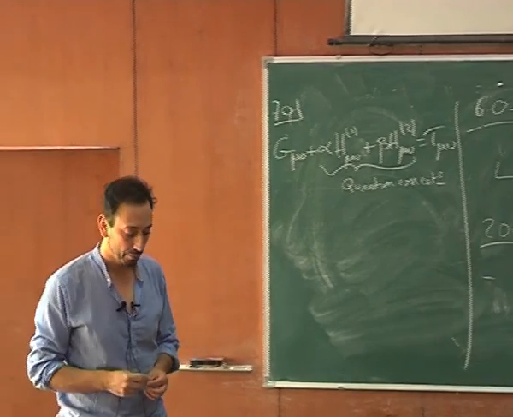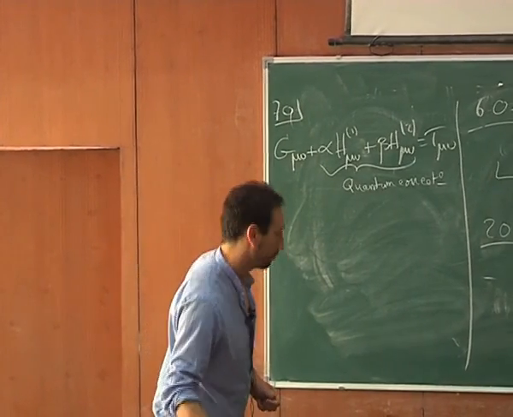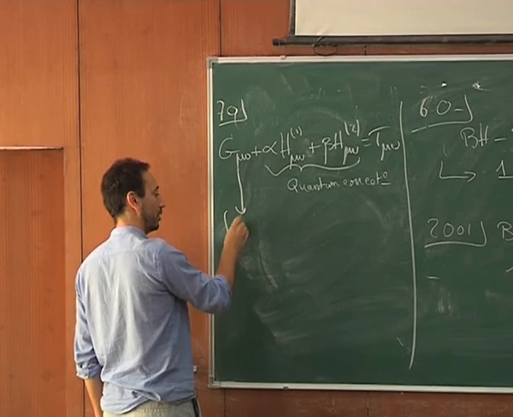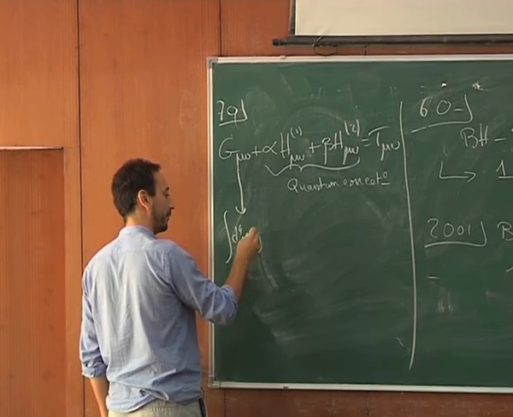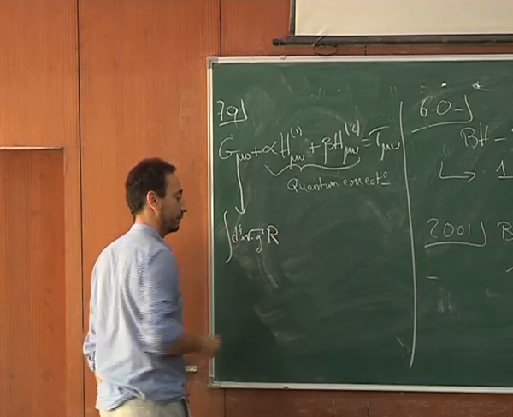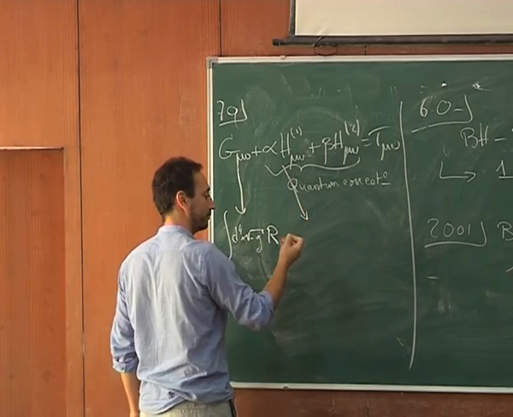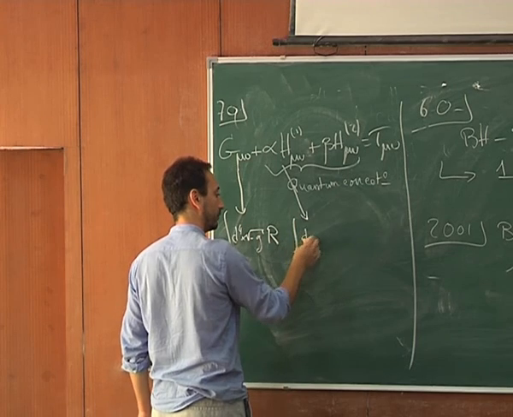And they found this. The point is, this term here, you can get it from an action, which is the action of general relativity. This term here, you can get it from an action.